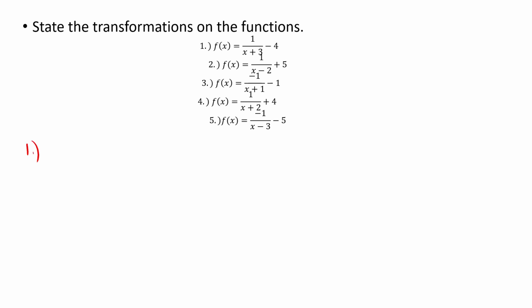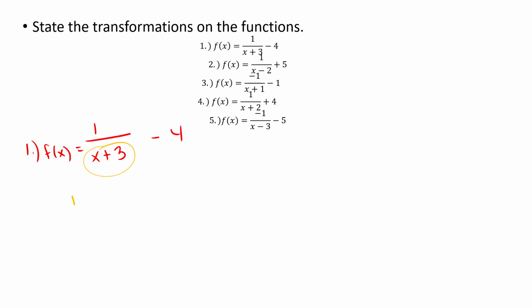So the first problem was f of x is equal to 1 over x plus 3, and then the minus 4 is on the outside. What we want to remember from the lesson is what makes the graphs go left and right and what makes them go up and down. Our left-right shift is going to be in the denominator of the ratio.